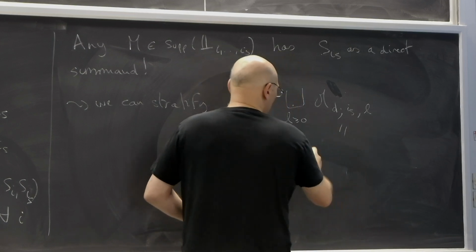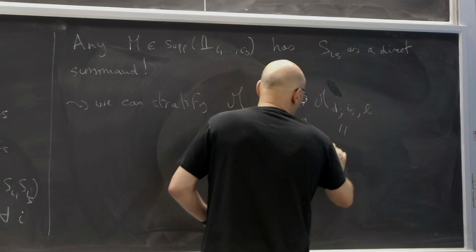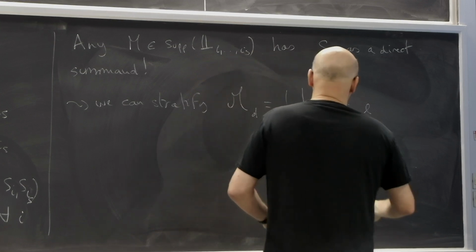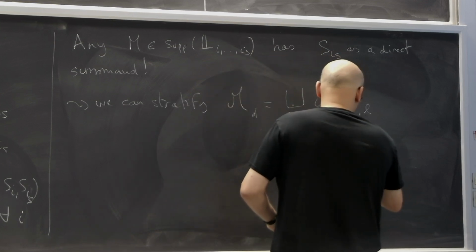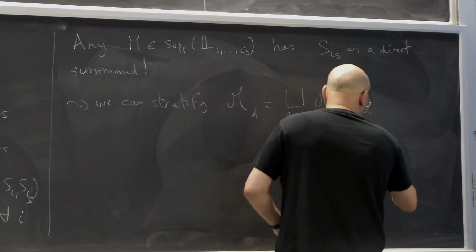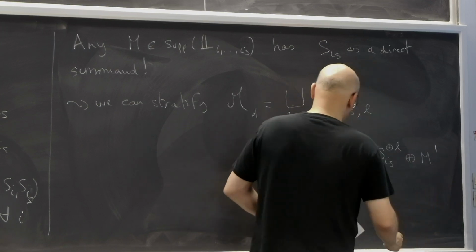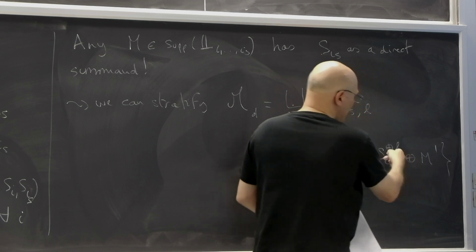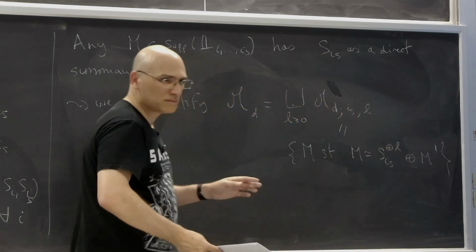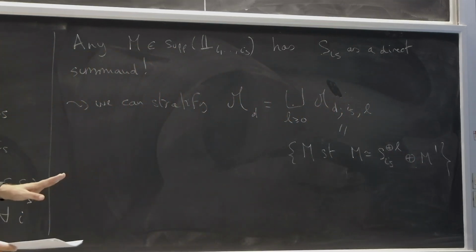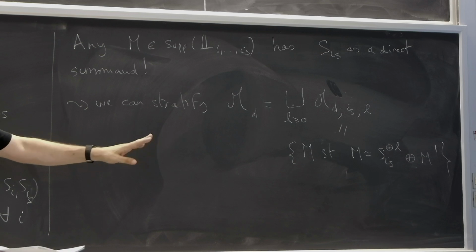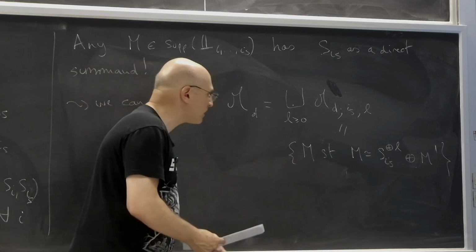And this is the set of M such that M is isomorphic to SIS, L times, plus M prime. Okay, and this is the maximal number. So all the other simple indecomposable factors are different from this simple object.